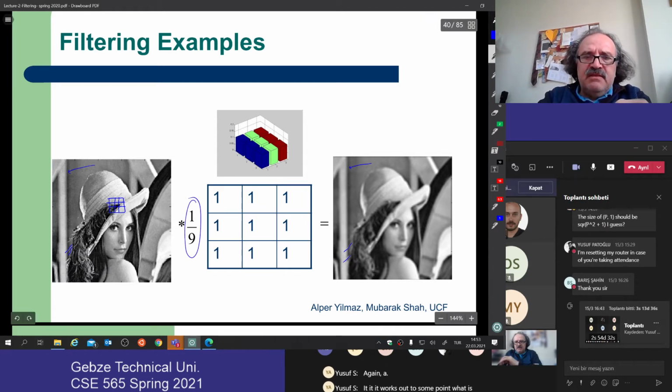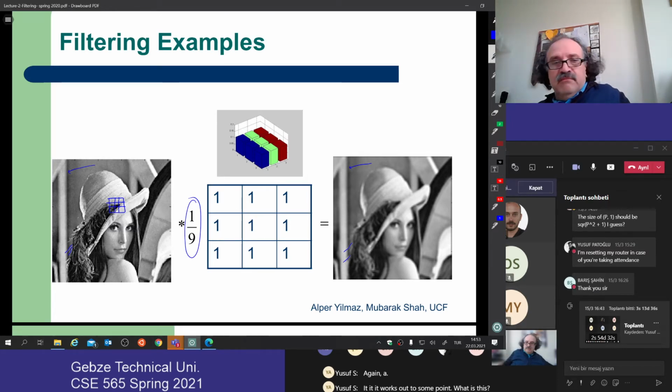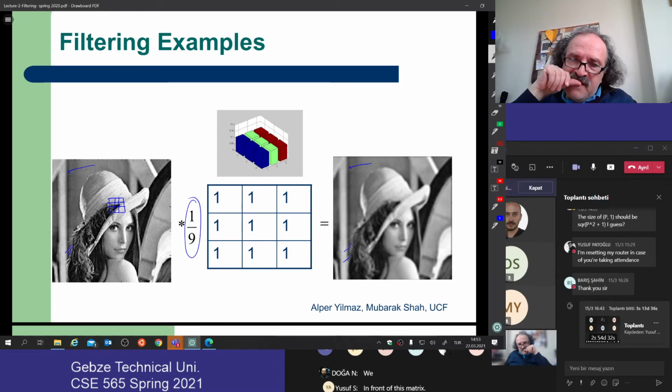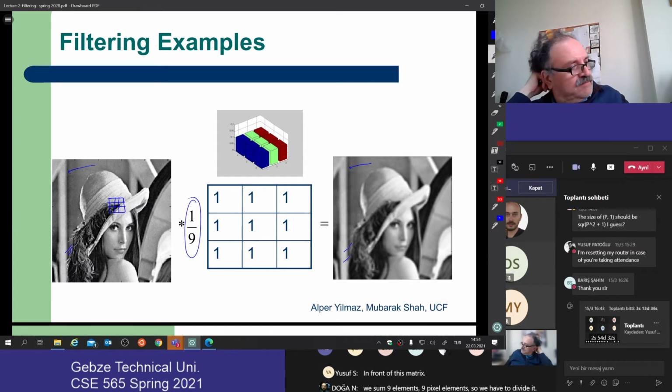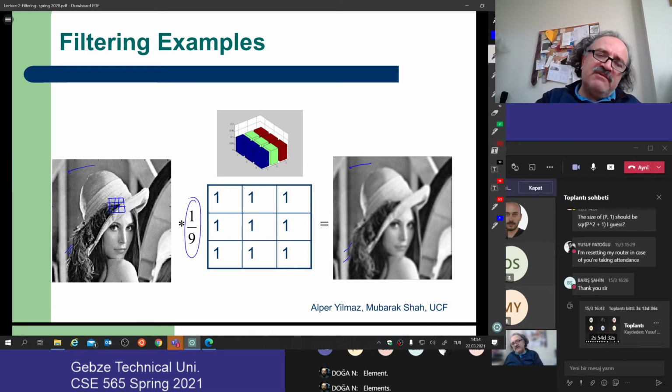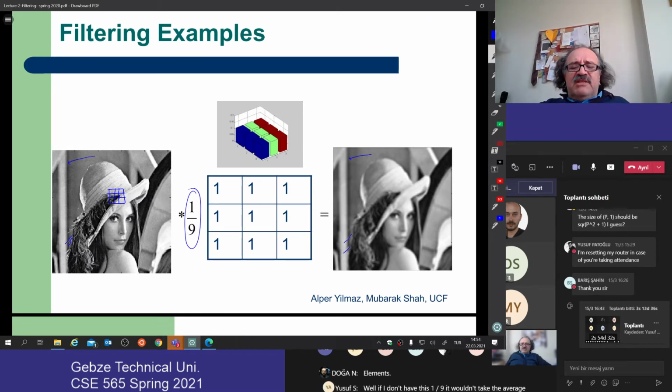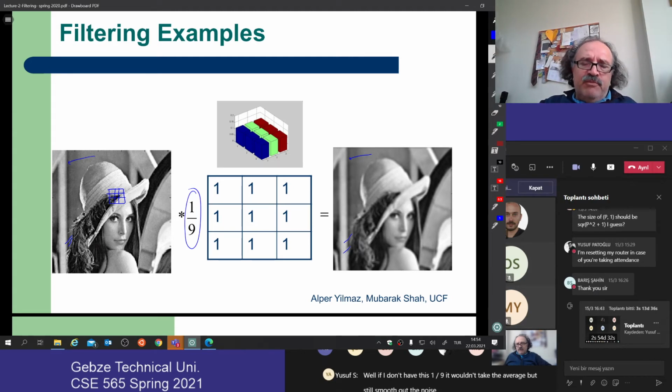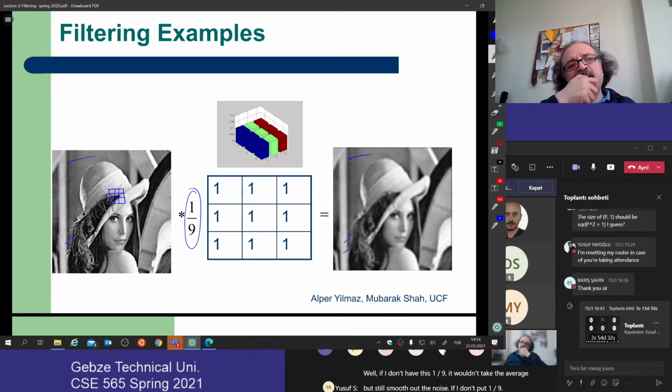What is this? Why do I have 1/9 in front of this matrix? We sum 9 pixel elements, so we have to divide by 9. If I don't have this 1/9, it wouldn't take the average, but would it still smooth out the noise? It will be a brighter image.